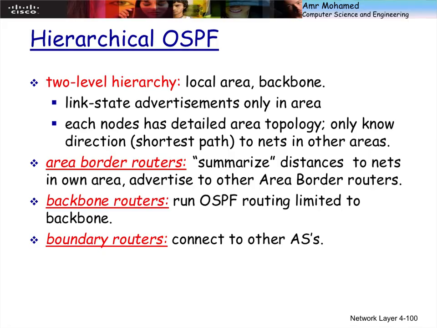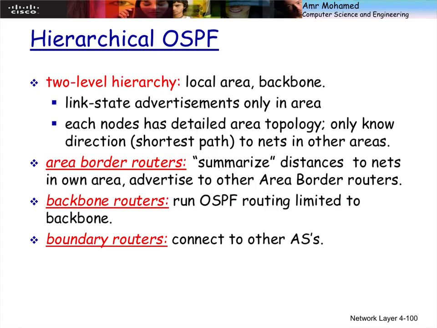So we have two levels, and again, these two levels are to enhance the scalability for OSPF, particularly related to link state advertisement, which is only valid or only confined within an area. And each node has detailed area topology, only knows the direction or shortest path to any other router in this area only.